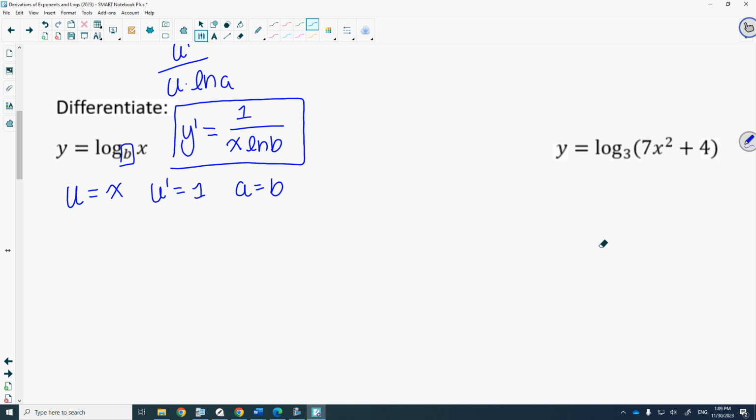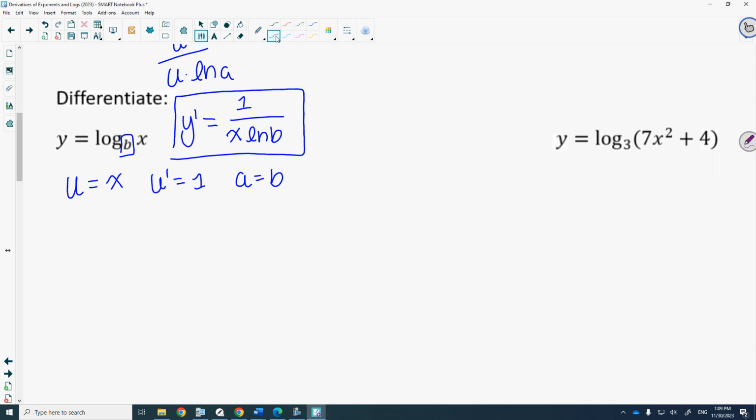Okay, let's look at this example here. So u is equal to the argument of the log, so 7x squared plus 4. u prime is the derivative of 7x squared plus 4, which would be 14x, and a is my base, which is 3.